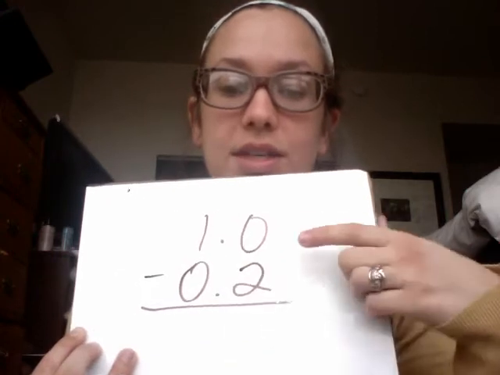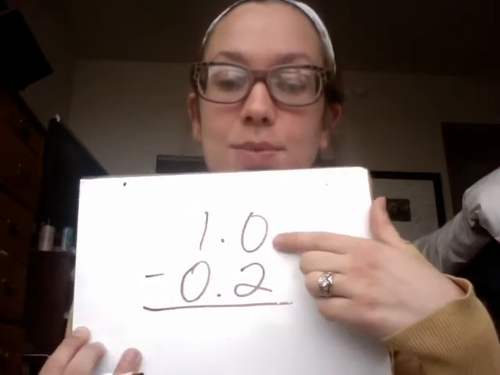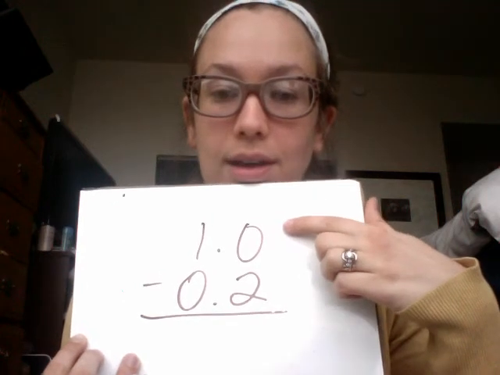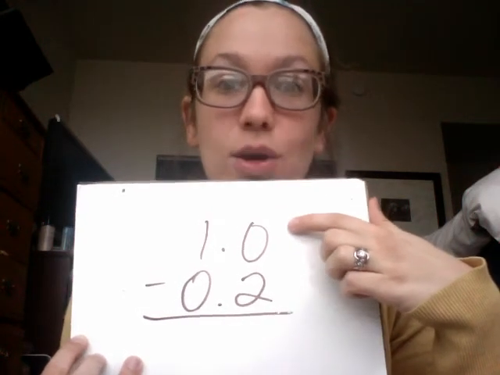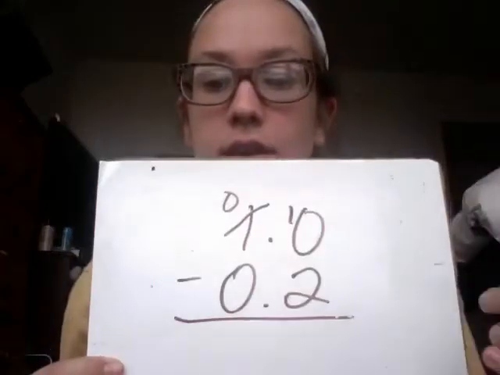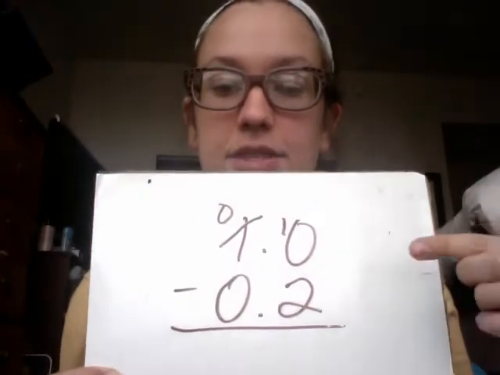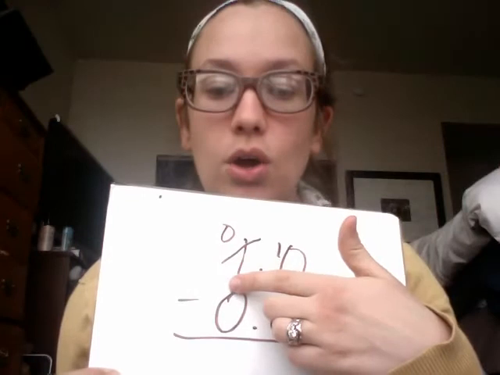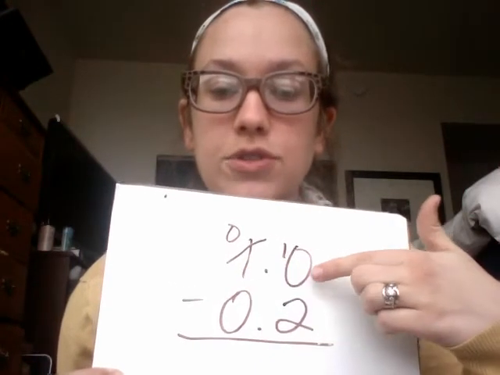So here, same thing, right? We can't subtract 2 from 0, right? So this is our renaming again. We're taking our 1 one and trading it in for 10 tenths. That's what we did. We traded in our 1 one for 10 tenths.